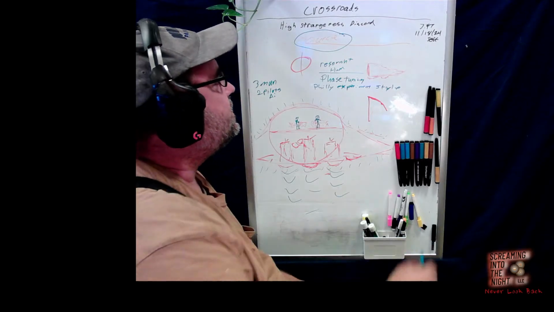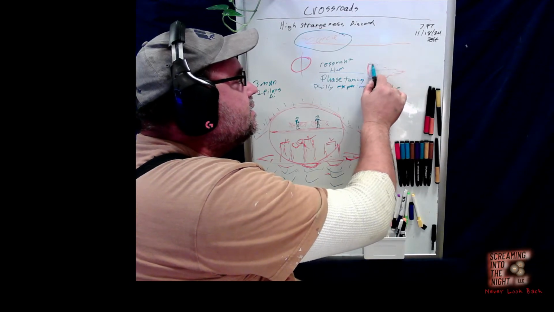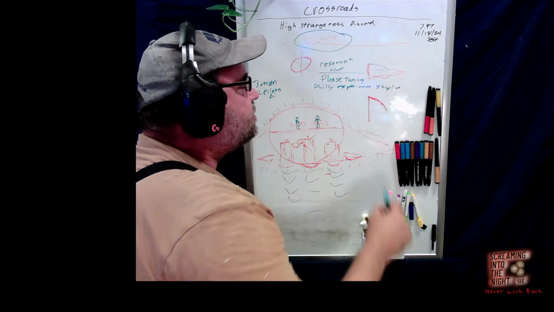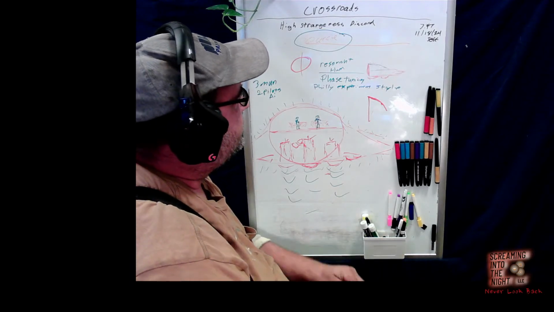So the flattened section, this flattened section right here, that can't be wasted space. I mean, there's got to be something in there, unless it really is just a narrow.